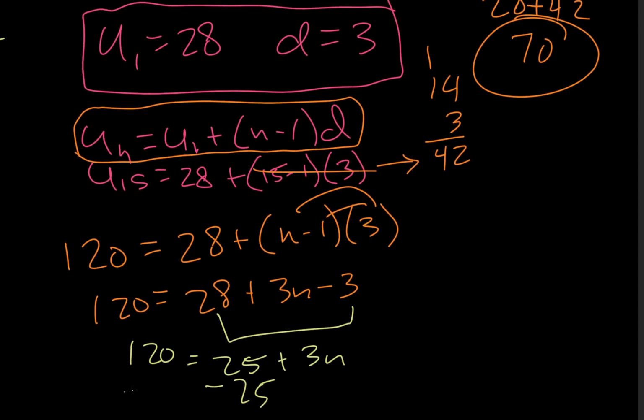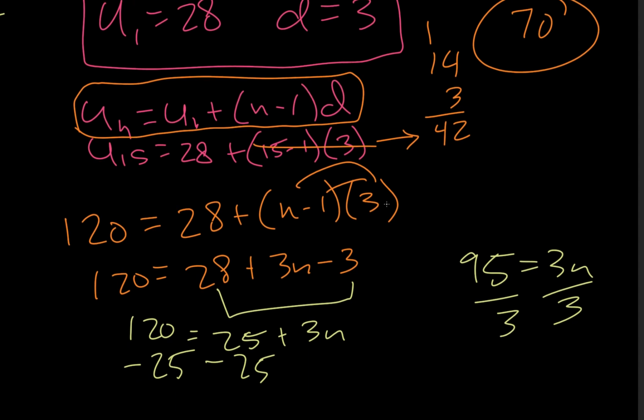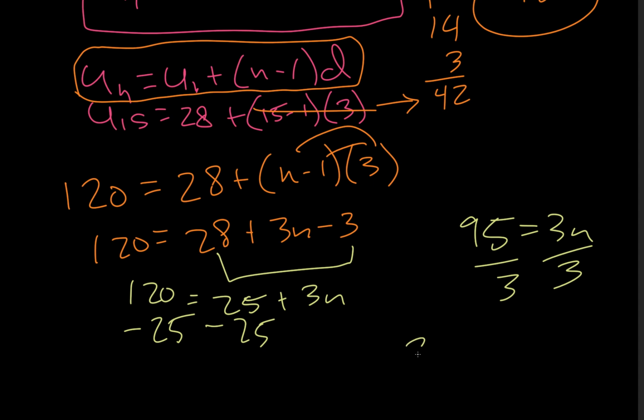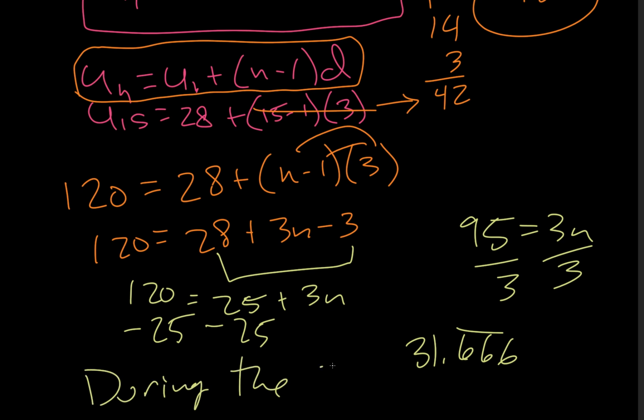Subtract 25, subtract 25, so we get 95 equals 3n, divide by 3, divide by 3, and that's going to give us 31.666 repeating, and so it's not exactly on a week, so it's not the 31st week, but during, we're just going to say during the 32nd week. Okay, that's when he sends the 120th comic strip.